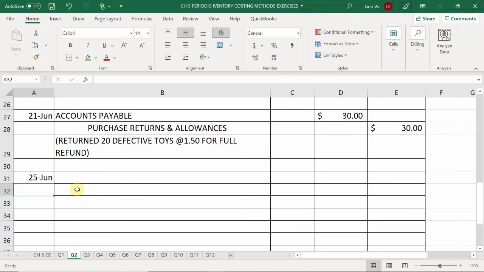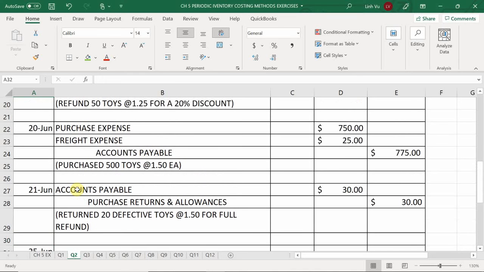How should my journal look like? With the purchase expense, freight expense and account payable. Correct. Okay.